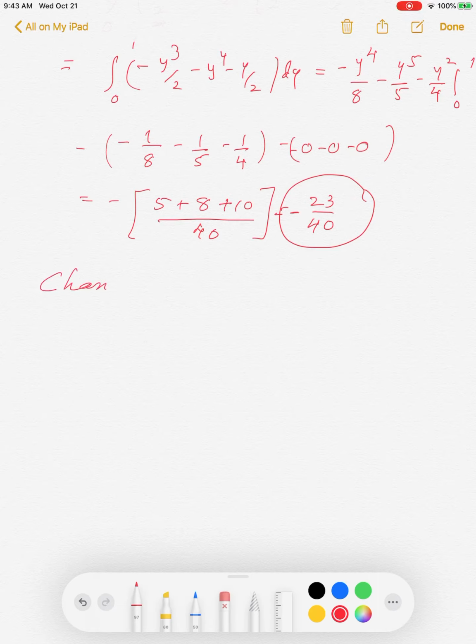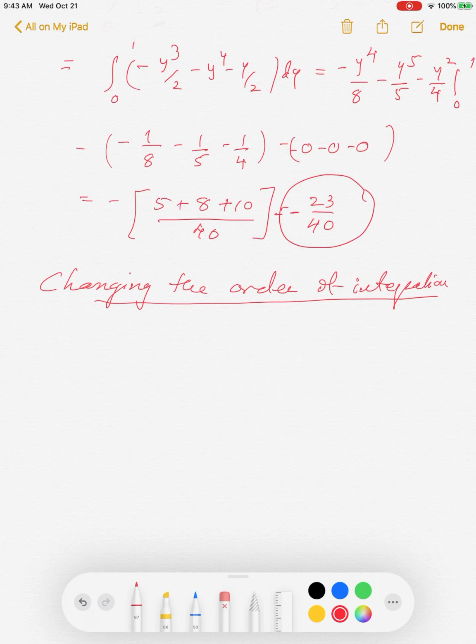So let me do one problem like that, changing the order of integration. Let me illustrate that with an example. Let's find a suitable problem. Yeah, let's do it this way.